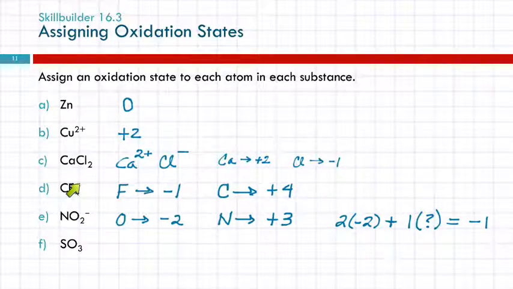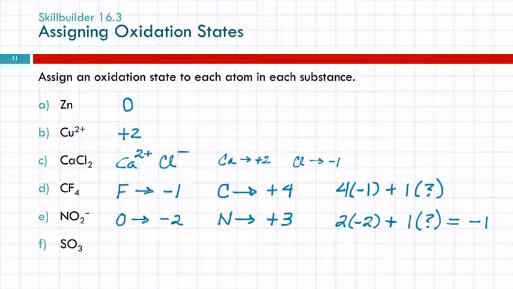On this one, they added up to 0 because this had no charge. So we had 4 fluorines and 1 carbon, and that had to add up to 0. And so we said, well, the question mark there must be +4. Here we've got 2 at a -2 oxidation state, and 1 that we don't know, and they have to add up to -1. So the question mark is +3.